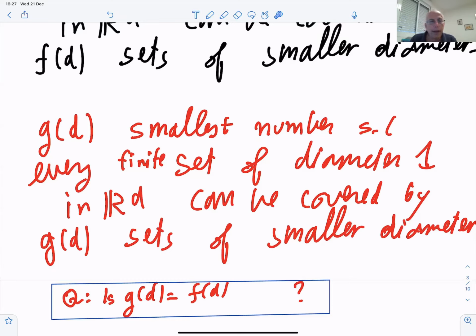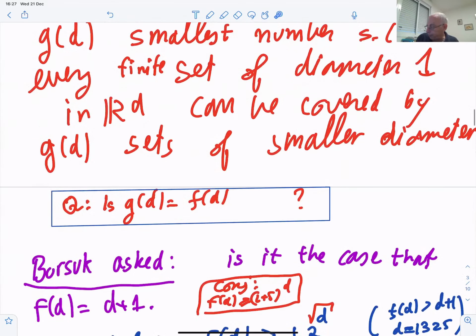So I'm not aware of any reduction from the general case to the finite case. I am aware of a lot of incorrect reductions that fooled me for a while, that several people proposed, and I don't know what the situation is. So this is another curious question, which is interesting.